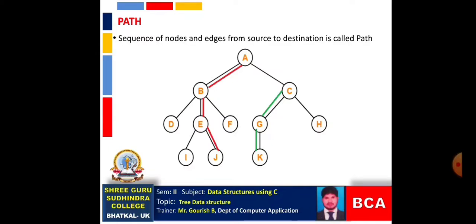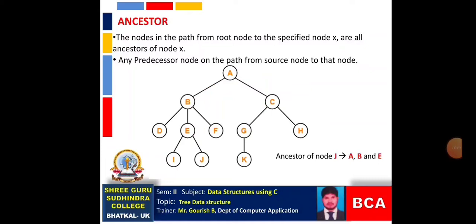Fine. Next, ancestor nodes. The nodes in a path from the root node to a specified node X are all ancestors of node X. In a simple way, all the predecessor nodes from the root to that particular node. Recall the concept of predecessor and successor: predecessor is which comes earlier.